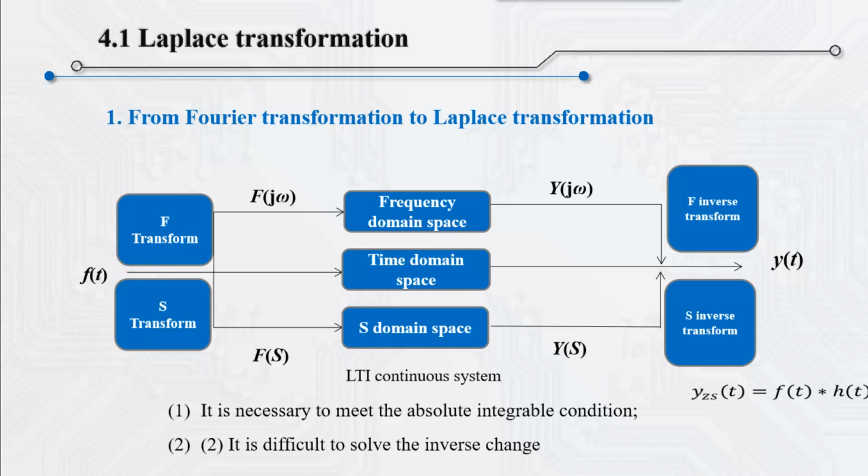Similarly, the continuous system S-domain analysis we are going to teach is similar. First, make the Laplace transformation to change f(t) to F(s). Then, signal processing in the S-domain space, turn F(s) to Y(s), and finally inverse transform, turning Y(s) into y(t) to get the response of the system.